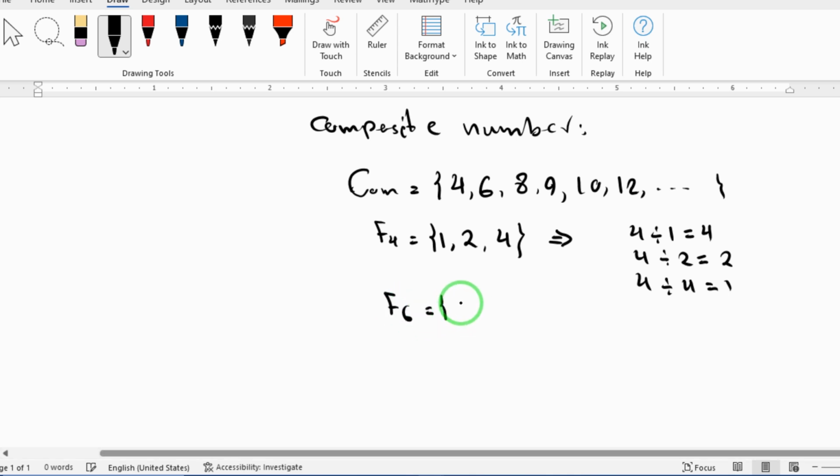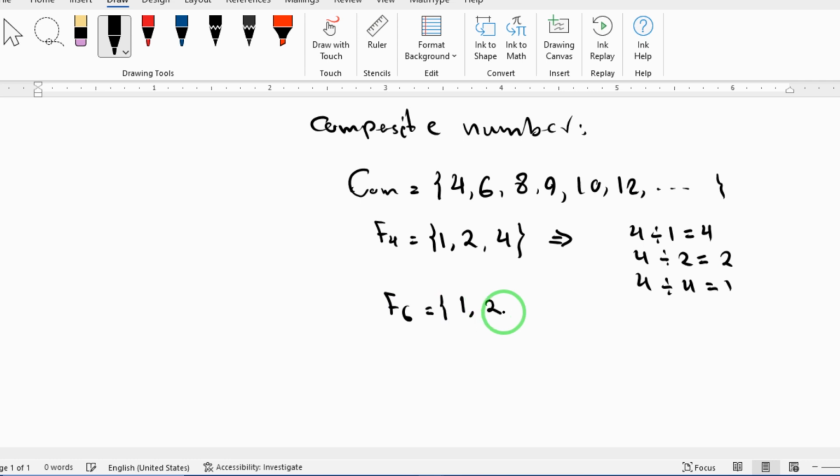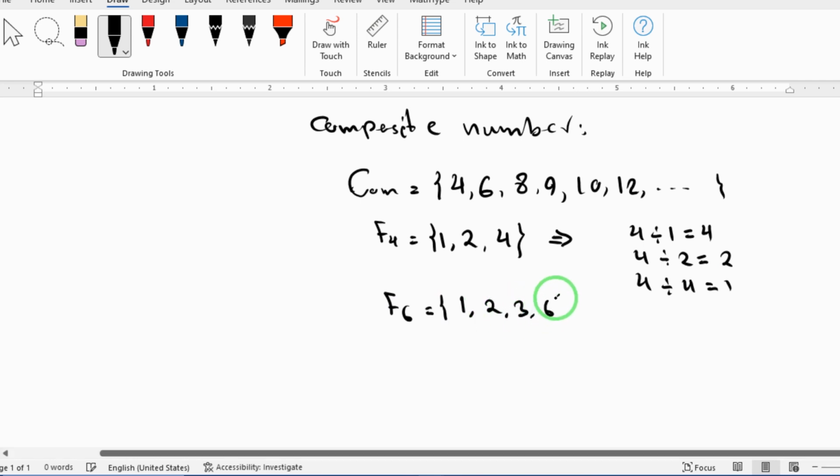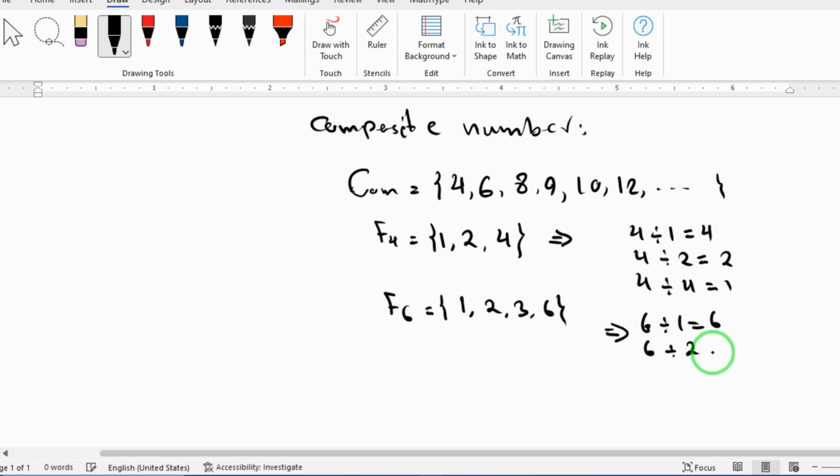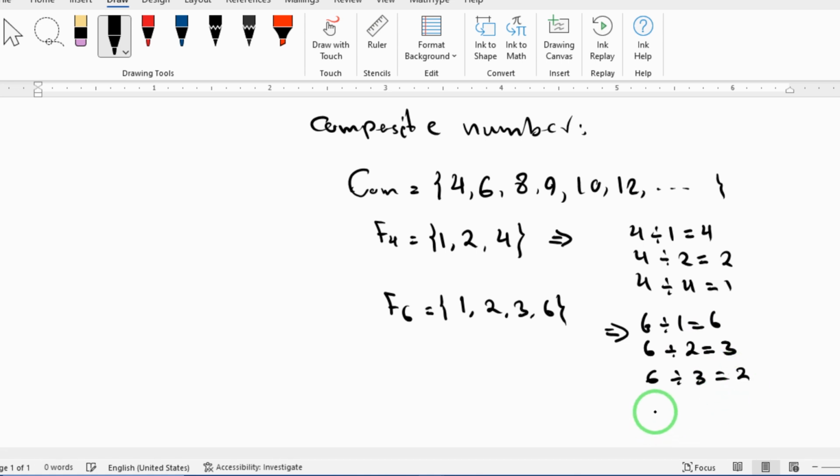It has 4 factors: 1, 2, 3, and 6. It means 6 divided by 1 equals 6, 6 divided by 2 equals 3, 6 divided by 3 equals 2, and 6 divided by 6 equals 1. So these numbers are called composite numbers.